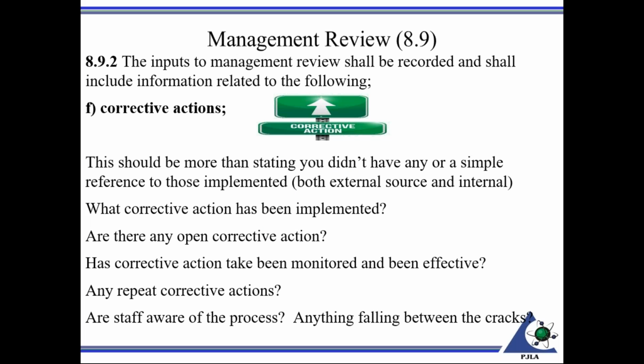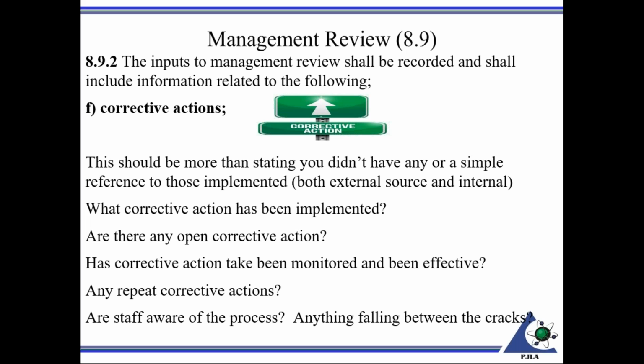Which brings us right to F, corrective action. This is a good time to go back and look at the corrective actions that have been implemented since the last management review. Ideally, this would be more than simply referencing that you didn't have any, or a simple statement referencing numbers.